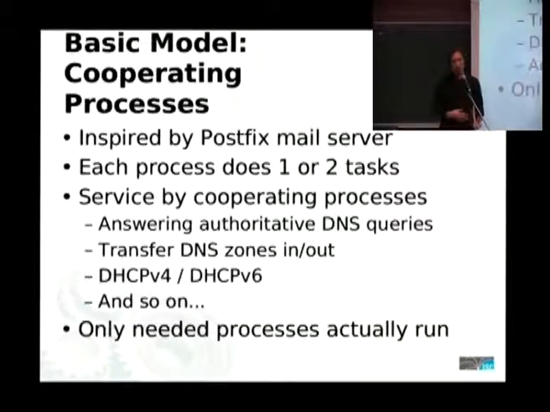All these different things work together to provide a full service. And a big advantage is that you only have to run the processes that you actually need. If you're not doing dynamic DNS, if you don't update your zones in real time, for example, then there's no need for you to run that application. We had a bug a few years ago where there was a coding error in the code path of the dynamic DNS which would cause the server to crash, even if you weren't using dynamic DNS, even if you had an ACL installed. So bugs happen, and it's a good basic administration security policy to not run code that you don't need.